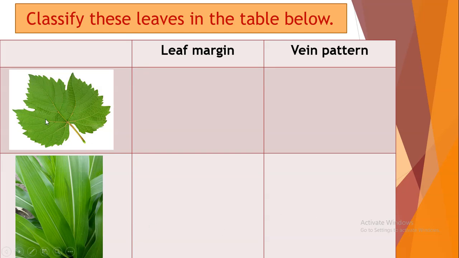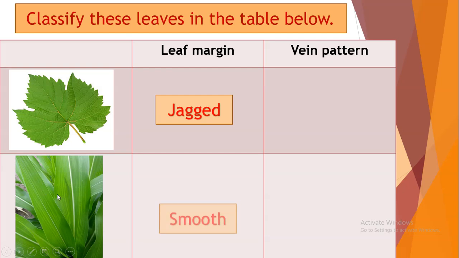Let's start with the grape leaf. What kind of leaf margin? Look at the margin. Look at the shape of the outside edge of the leaf. Is it jagged or smooth? Excellent. It's jagged. What about this picture here of a corn leaf? Smooth or jagged? Smooth.